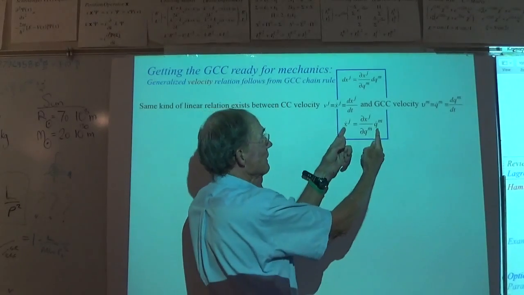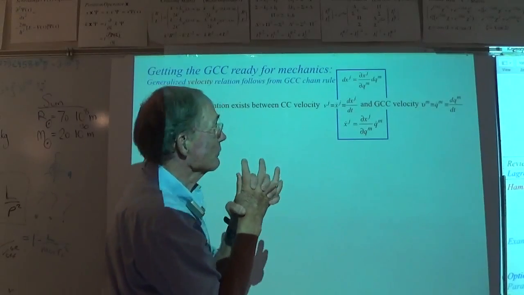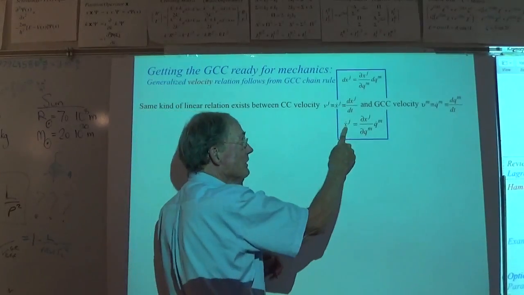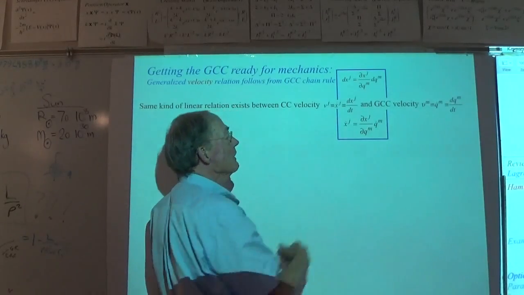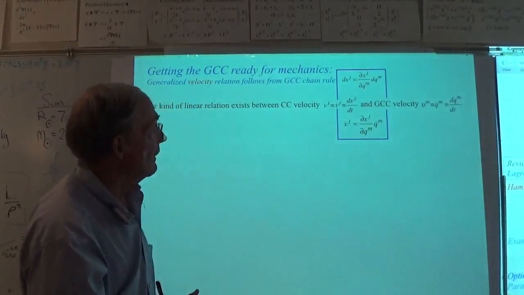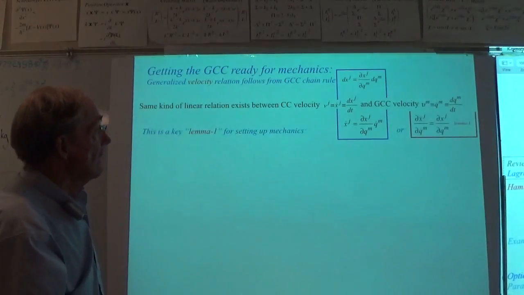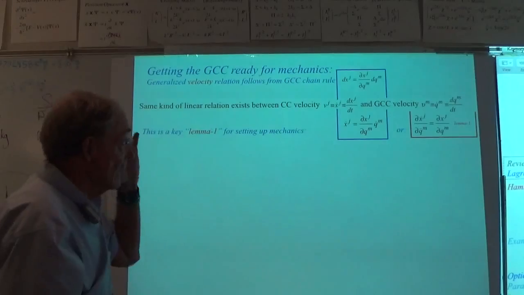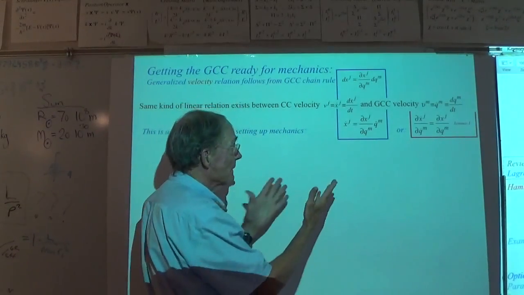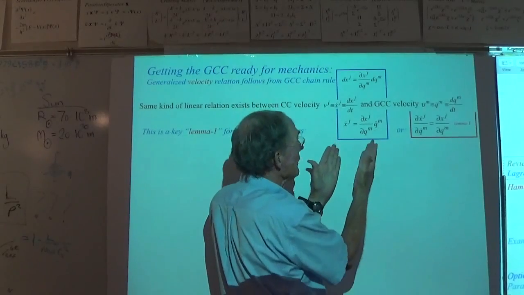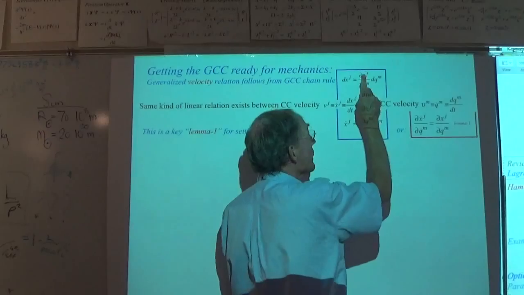And in fact, if you write it this way, that's your first derivative expression right there for velocities of the ordinary Cartesian and then the queer GCC coordinates there. So that's just a first differential relationship, and it will involve a Jacobian matrix, that is this matrix for the velocity as well as the coordinates.